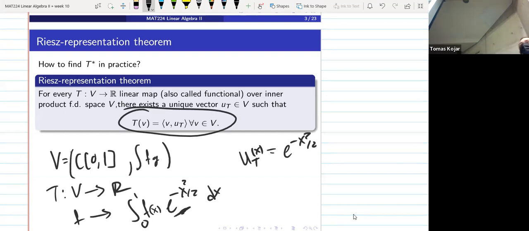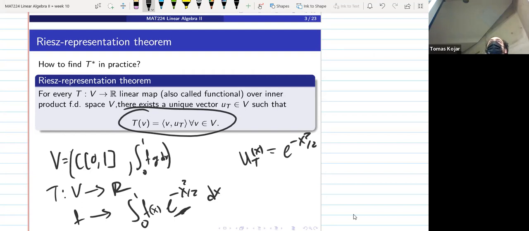The point is, you will most likely see some abstract map, and the representation theorem says that's all there is. The inner product is on [0,1], L2.